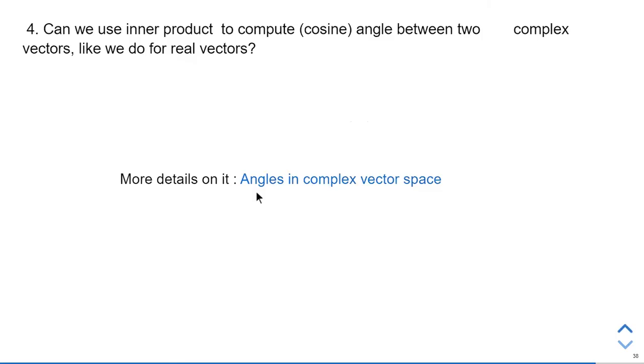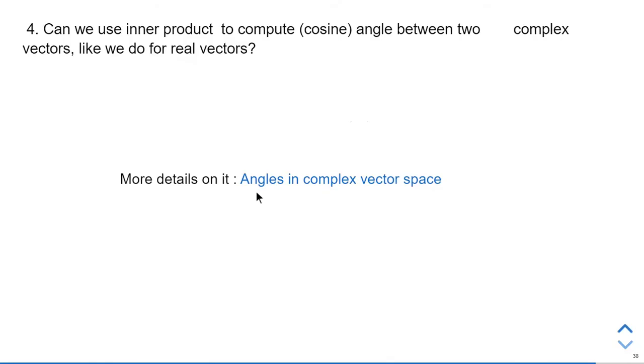Usually in a real inner product space, where we are given two vectors in a real vector space, apart from taking the inner product, it also helps us find the angle between two vectors.